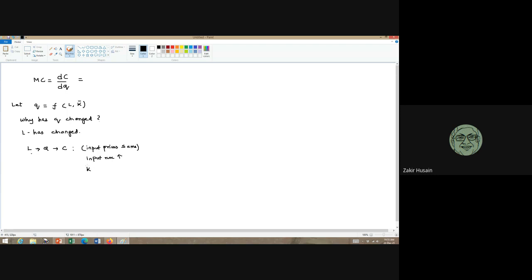If capital is constant, then the change in L is the reason for the increase in cost. So what is the increase in cost? It is simply W into del L. We can write this.